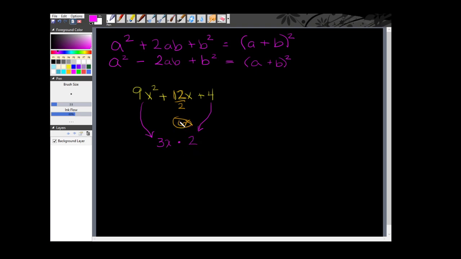So 3x times 2 is 6x. So yes, this is a perfect square trinomial. So what we can do is simply take those two things that we squared, plop them in a parenthesis, and whatever this first sign is, in this case it's a plus, is what goes inside the parenthesis.